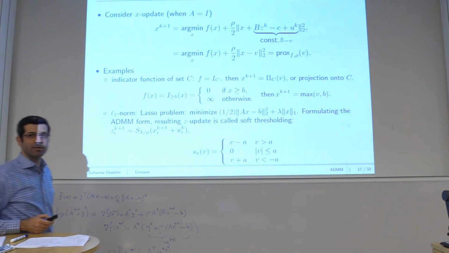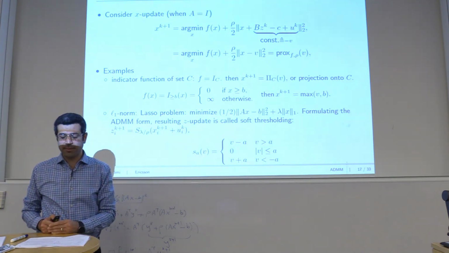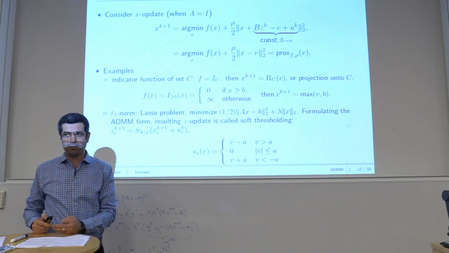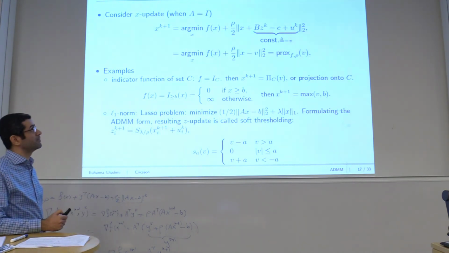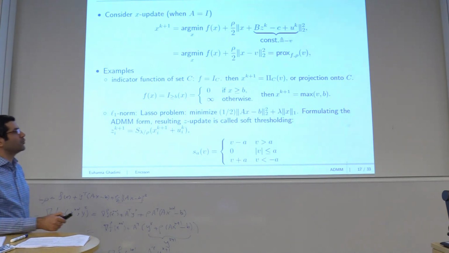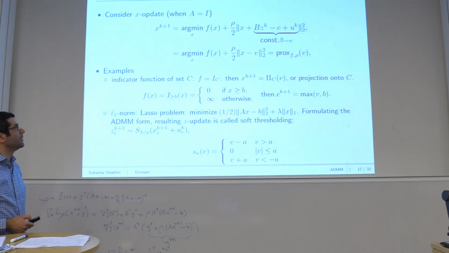I don't know if you have talked about the prox operators before, but this is something nice both in terms of interpretation and also computation, because for many of the cost functions you have a closed form for solving this QP. So it's really nice. It's going to be very efficient to apply to practical problems in that sense.